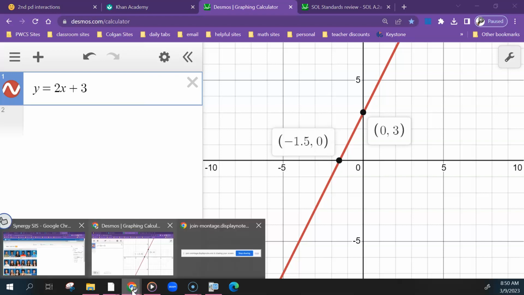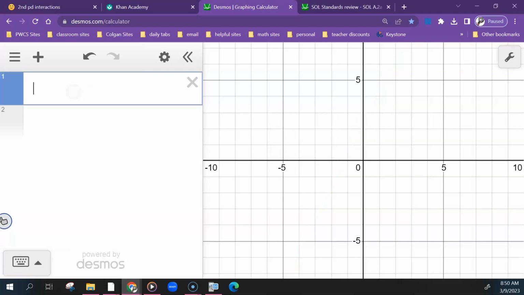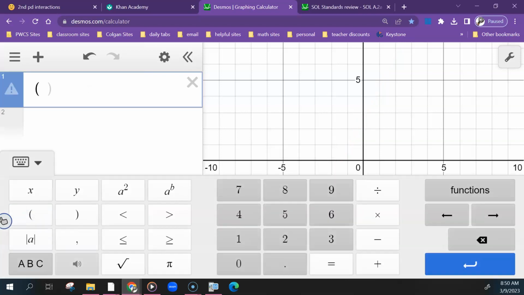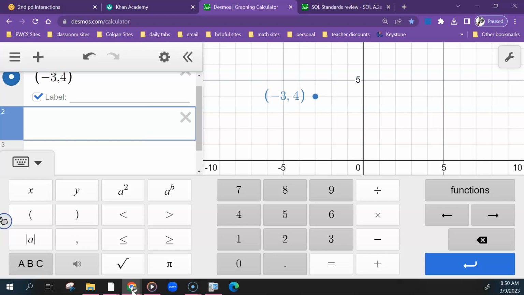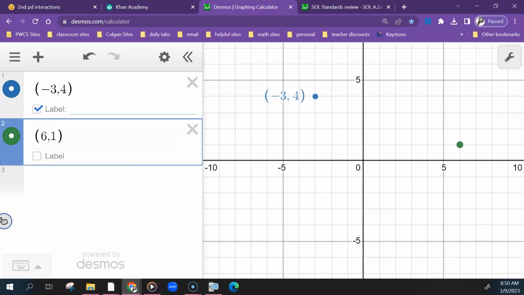The first one, I meant to have this with me. If you wanted to do this in Desmos, you would put the points in, into 2 separate lines. And then you could count your slope from there, and that would tell you what your slope is.